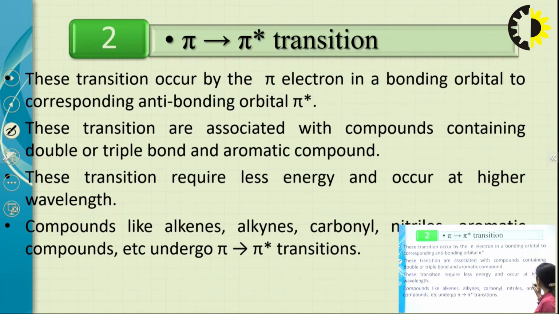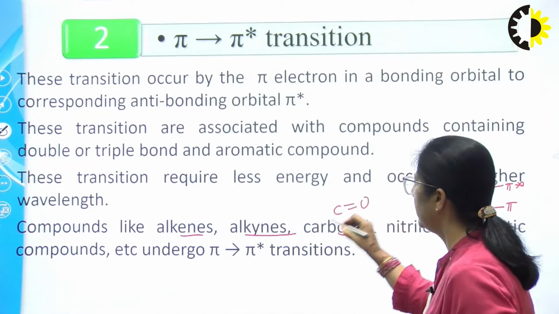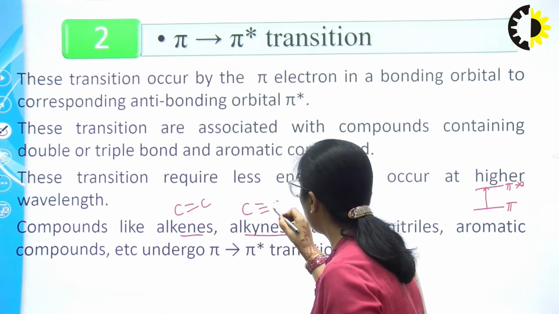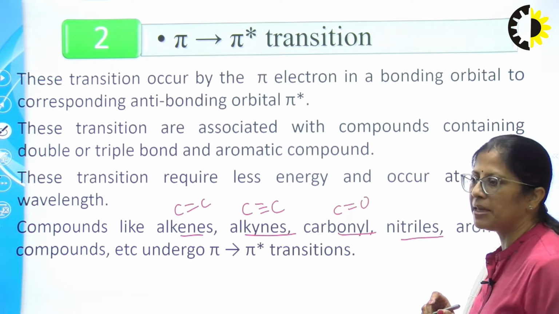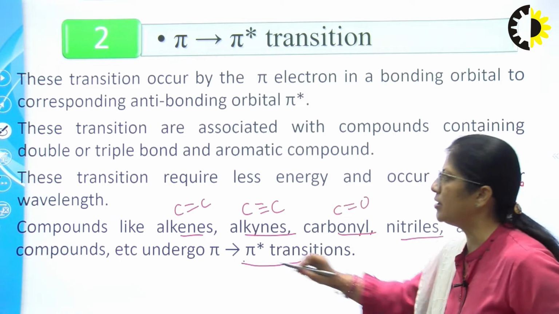So the pi to pi star transition requires less energy in comparison to the sigma to sigma star or n to sigma star transition. Alkenes, C double bond C containing compounds, alkynes, C triple bond C containing compounds, carbonyls, nitriles, and aromatic compounds like benzene all show pi to pi star transitions.